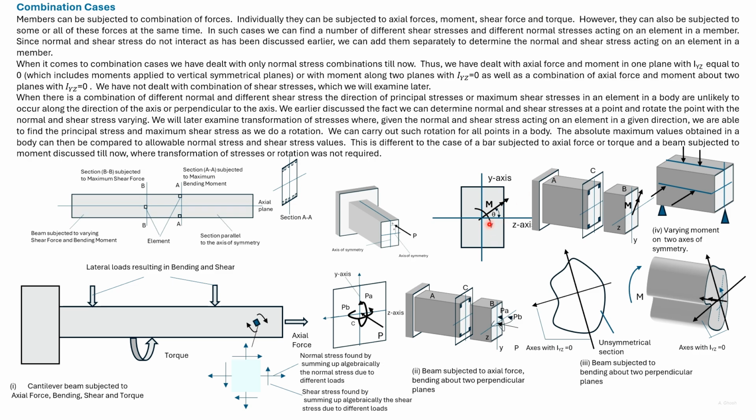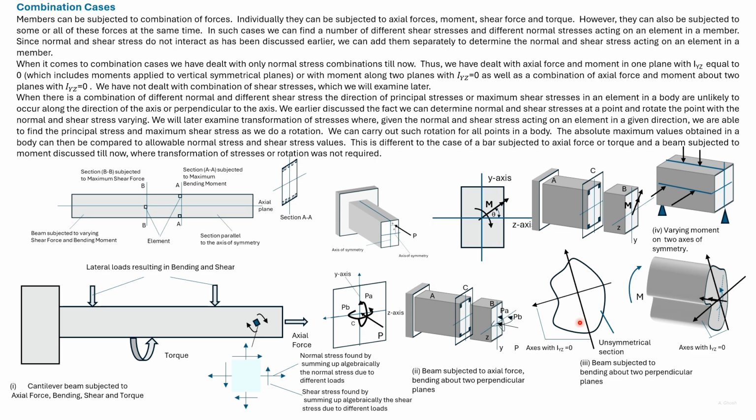Moment being a vector can be resolved into two moments acting about these two axes. Here a direction of moment is given, but in general we do not know the direction of the moment or that of the components. So for the general case, again, any of the four corner points will be subjected to maximum tensile and compressive stress.